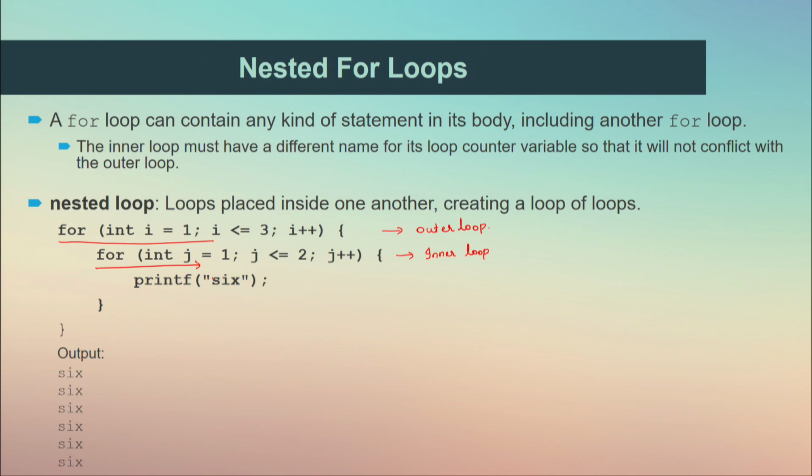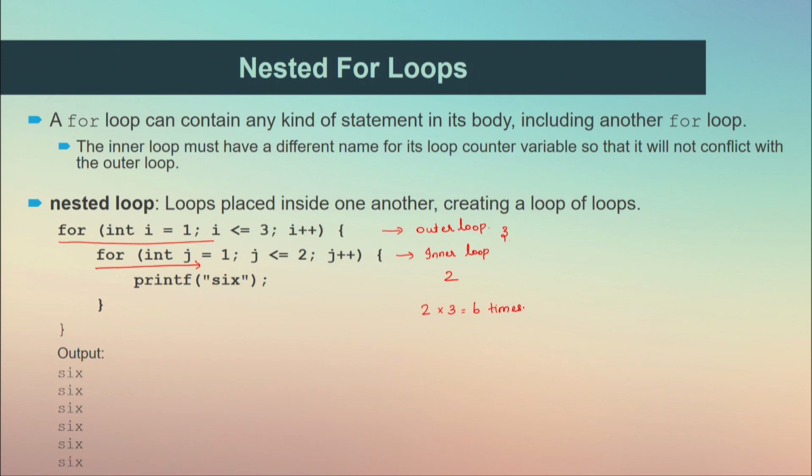Here this inner loop is executed 2 times, that is 1 to 2. So, the inner loop will be executed 2 times, the outer loop will be executed 3 times. Hence, this complete nested loop will be executed 2 into 3, that is 6 times.